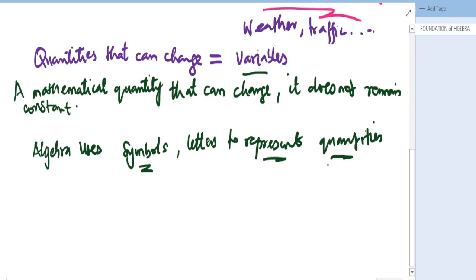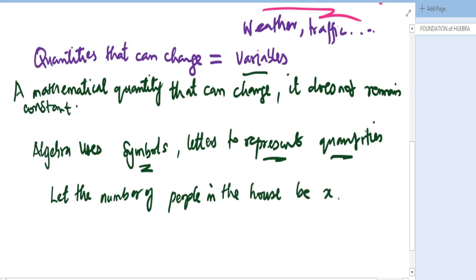By this, we can represent the number of people in a house by what? By a letter or a symbol. So we can say, let the number of people in the house be x.